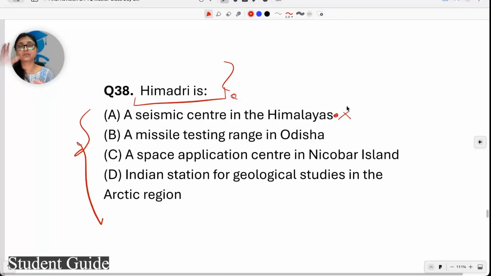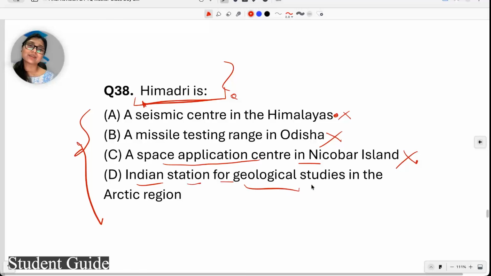It should be the complete answer. Option B is saying a missile testing range in Orissa. No, not at all, because Himadri is, I will let you know, otherwise you will get the answer. Option C is saying a space application center in Nicobar Island. No, this is not correct. Indian Station for Geological Studies in the Arctic region.